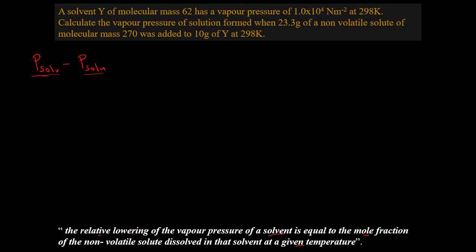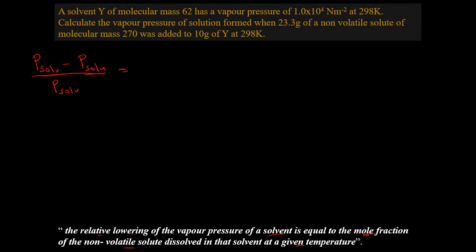If we divide this by the vapor pressure of the solvent, then we have our relative vapor pressure lowering, P solvent minus P solution over P solvent. This is equal to the mole fraction of the non-volatile solute.